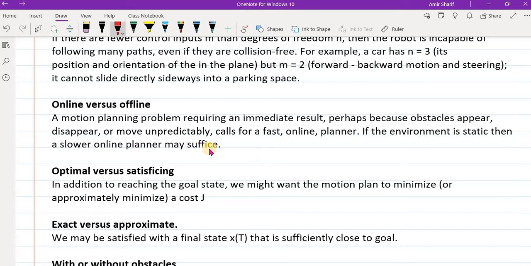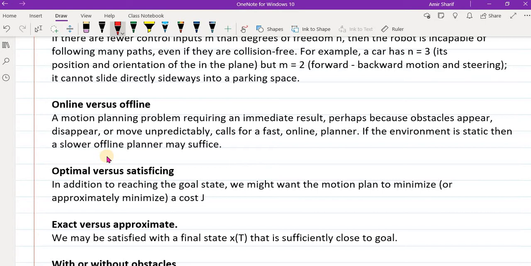But if your environment is static, then a slower offline planner may be enough, because offline planning is something where the obstacles are not moving or changing, and you know exactly where the obstacles are located and how many obstacles are in the environment.